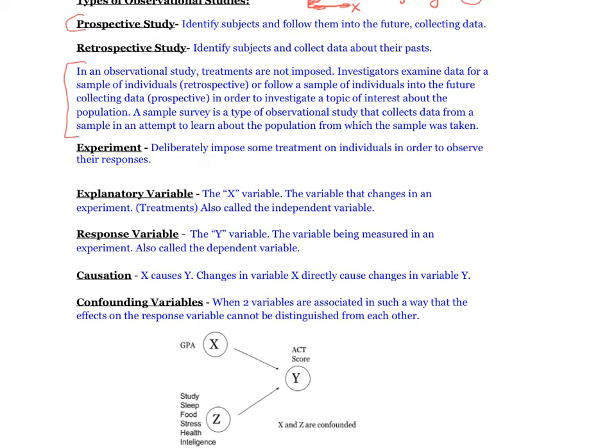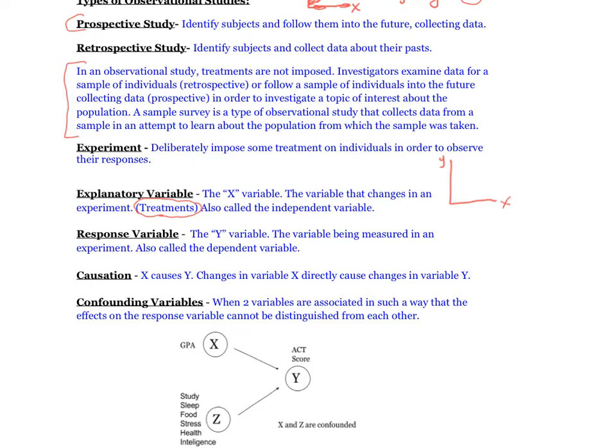Okay, it's the variable that changes in an experiment. Okay, it's also called the independent variable. You would think of it, I'm sure you've heard the word treatment before. Okay, so the treatments are the x variable. The response variable is the y variable, the variable being measured in an experiment, also called the dependent variable.